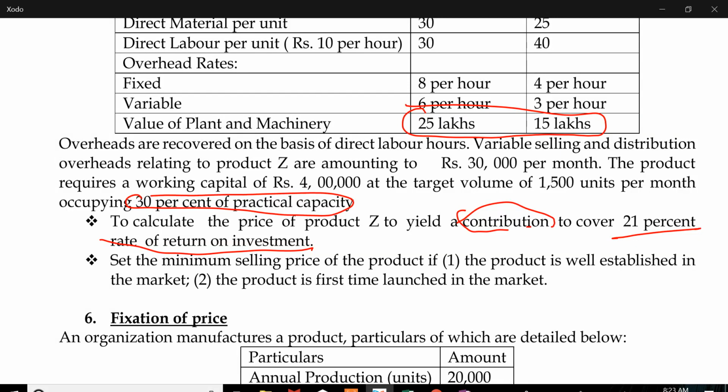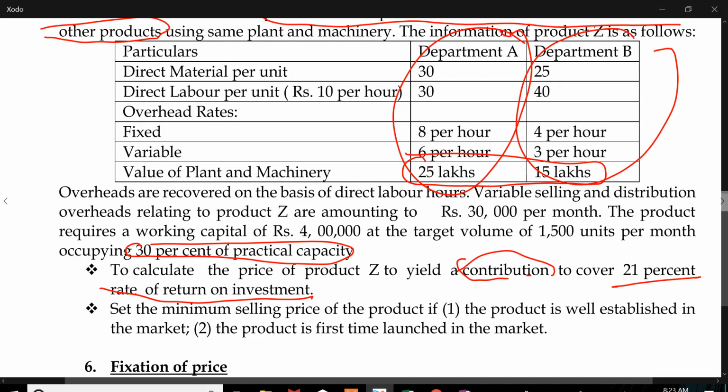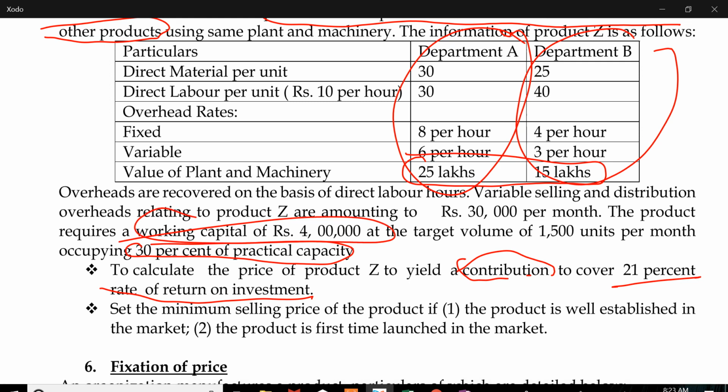So, investment for product Z is equal to 30% of department A's plant and machinery, 30% of department B's plant and machinery, plus working capital of 4 lakh. Working capital is also an investment. Investment is nothing but equity plus debt, or fixed assets plus net working capital.